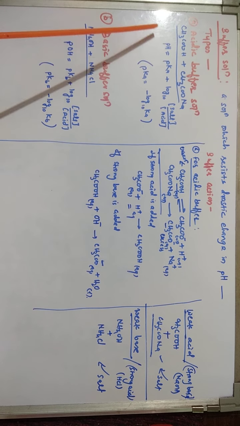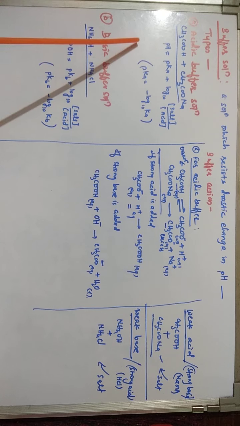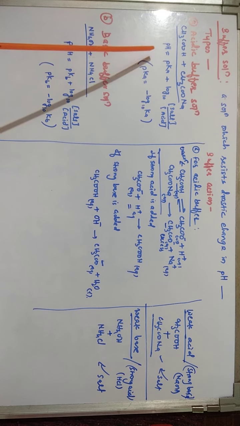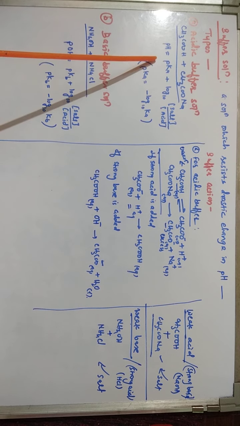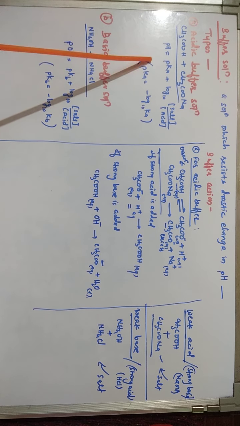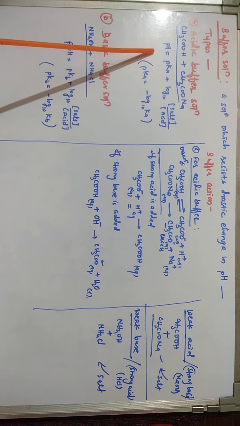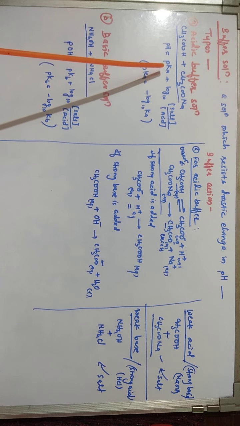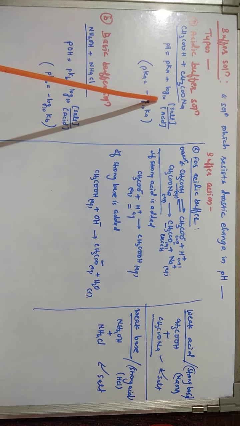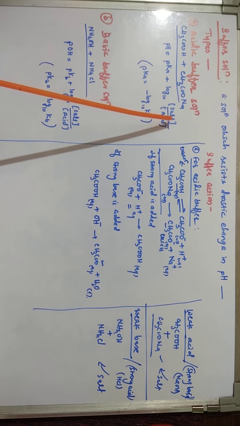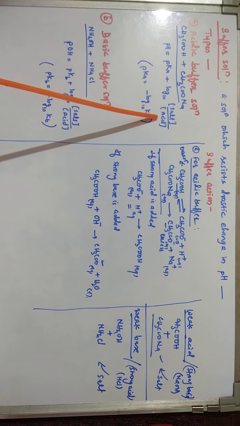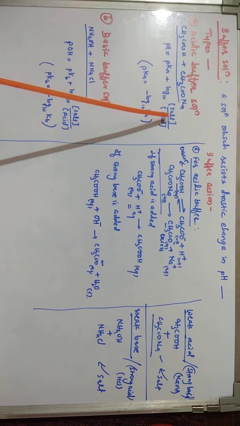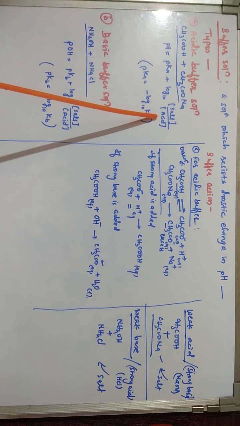Now see here, how the pH can be calculated or predicted for an acidic buffer. The formula is: pH is equal to pKa plus log to the base 10 of the concentration of salt divided by the concentration of acid.